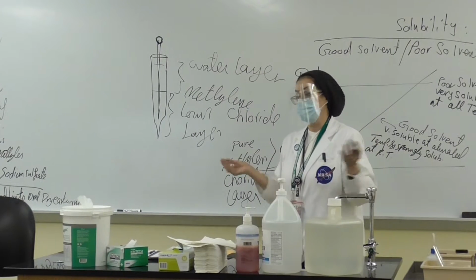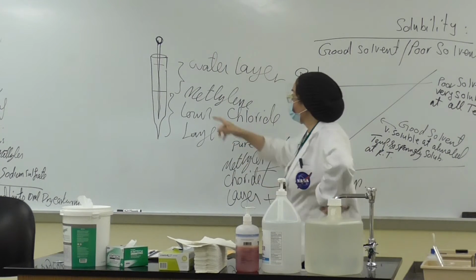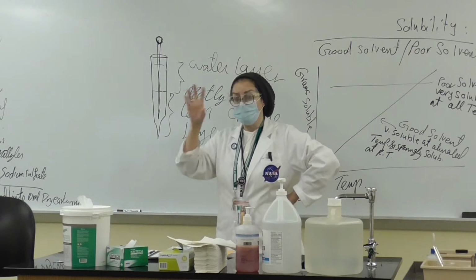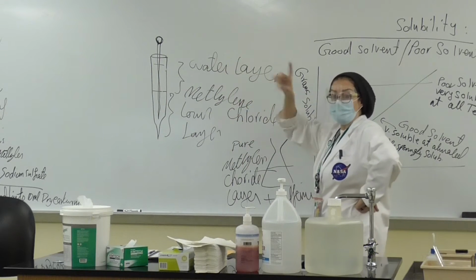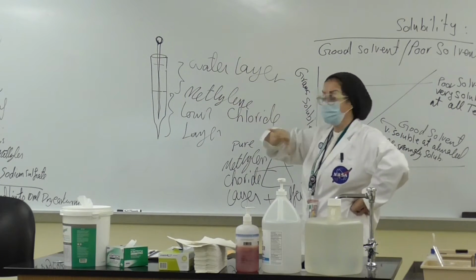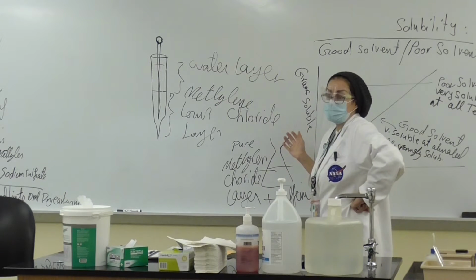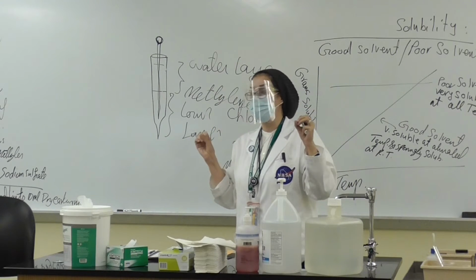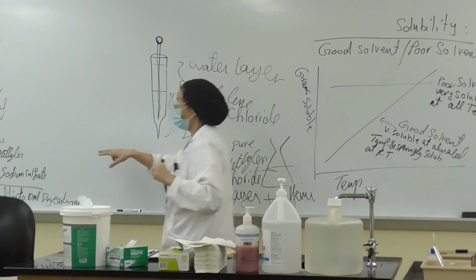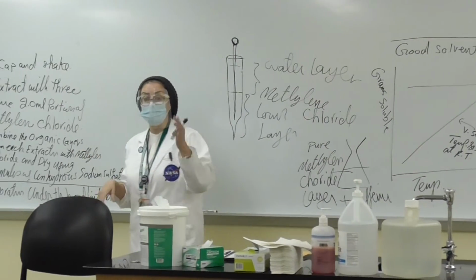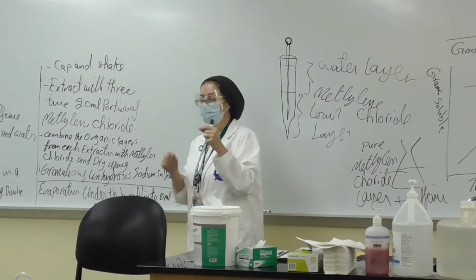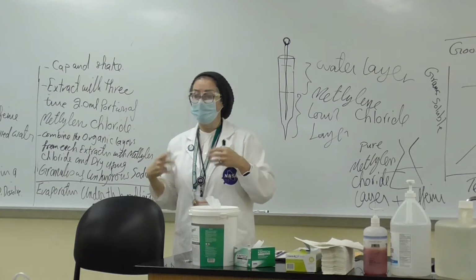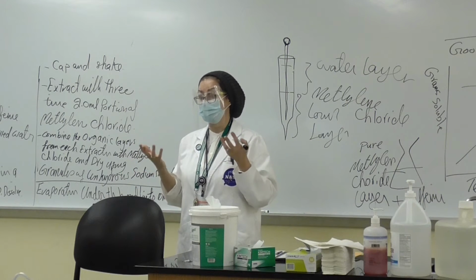For the drying agent, we have to dry it because during the extraction, we might end up having a couple drops of water transferred from the centrifuge tube into the methylene chloride. So in order for us to make sure that everything is dried off the water, we're going to use the anhydrous sodium sulfate drying agent. We take the tip of the spatula, with the powder that you have under the hood, which is the anhydrous sodium sulfate.